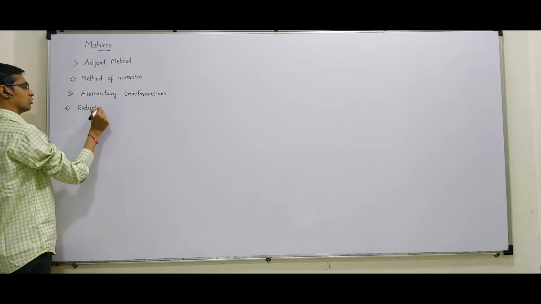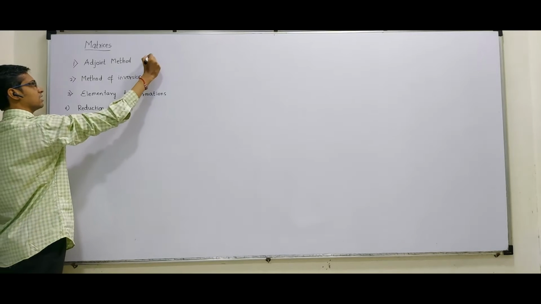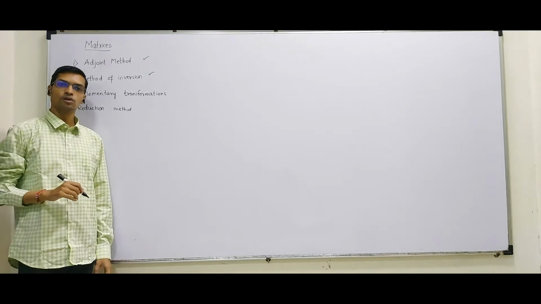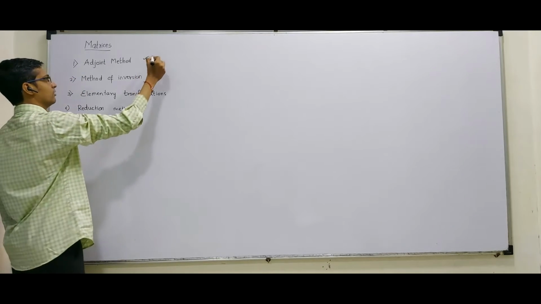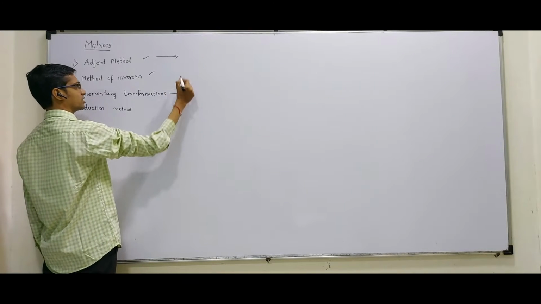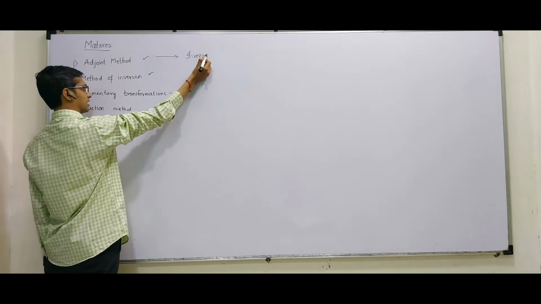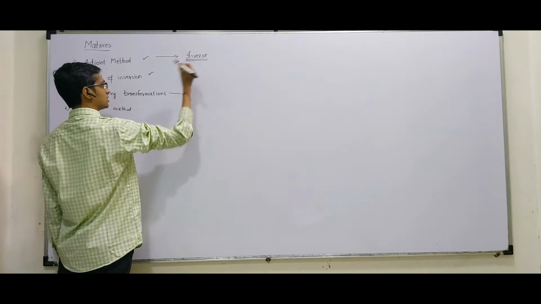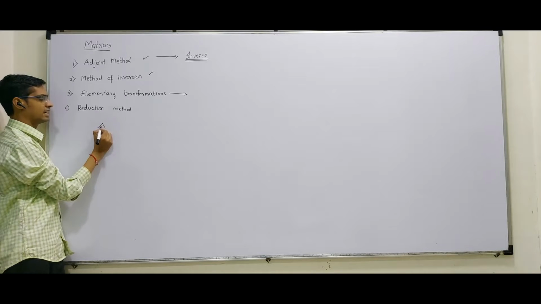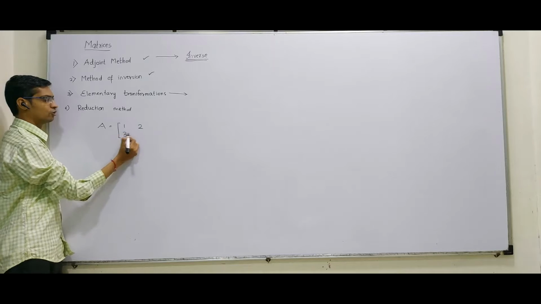Okay. So in the first part, we will be covering these two methods because these two methods are a little bit related to each other. Now, first of all, this adjoint method and elementary transformation is used to find the inverse of a matrix. Let us focus on what we mean by inverse. Suppose a matrix A is defined as, I'll take a simple example, 1, 2, 3, 4.